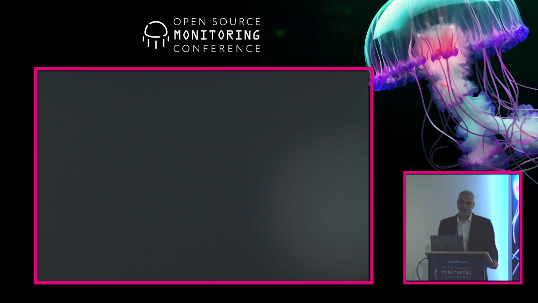Zabbix provides the Zabbix API, and based on the Zabbix API, there are community-driven Grafana integrations available. Basically, what it looks like is that you have a Grafana data source, a Grafana-implemented Zabbix data source. You configure that data source, and then through the API, you get access to all the stuff in Zabbix, and it really depends on the quality.